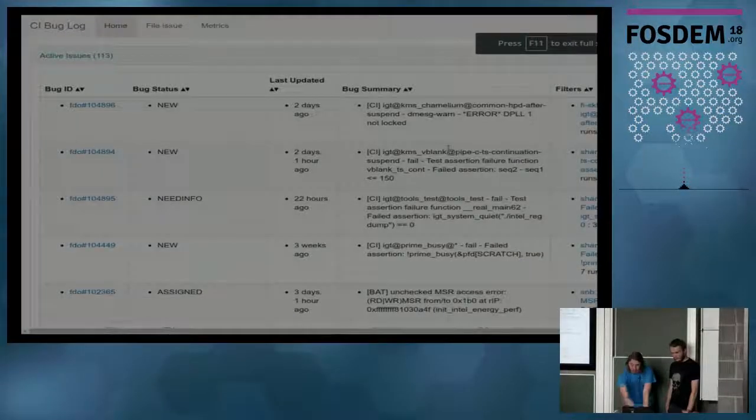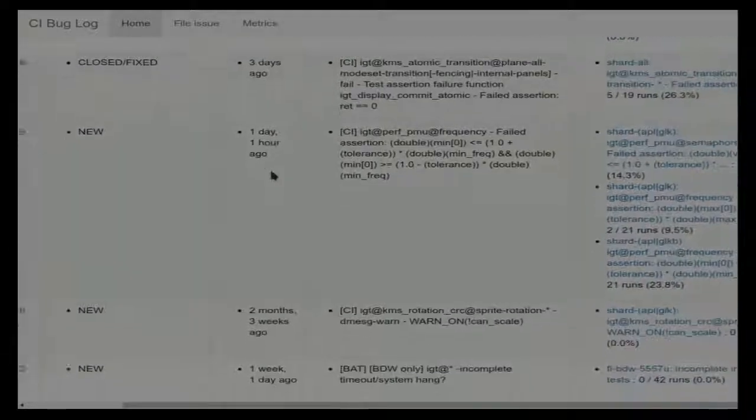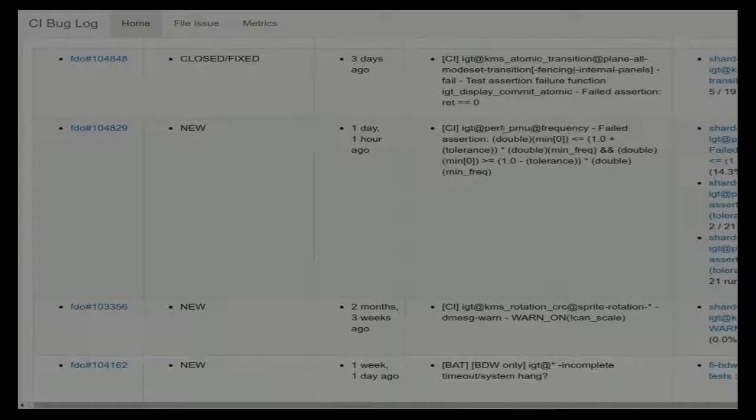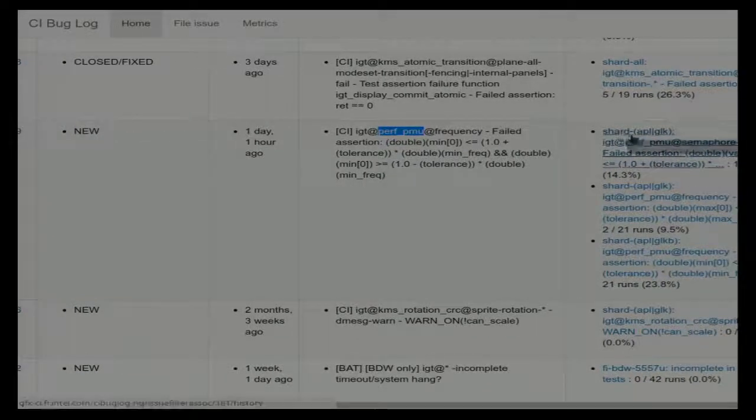I can show you the address, so that's why it's in a different tab. On this one, you can see it's like the other one, except a bit more stylish. You can see the failure rate of this one. This bug is a performance counter bug, and we have 3 filters matching this issue, because we consider there are 3 ways for the problem to appear.